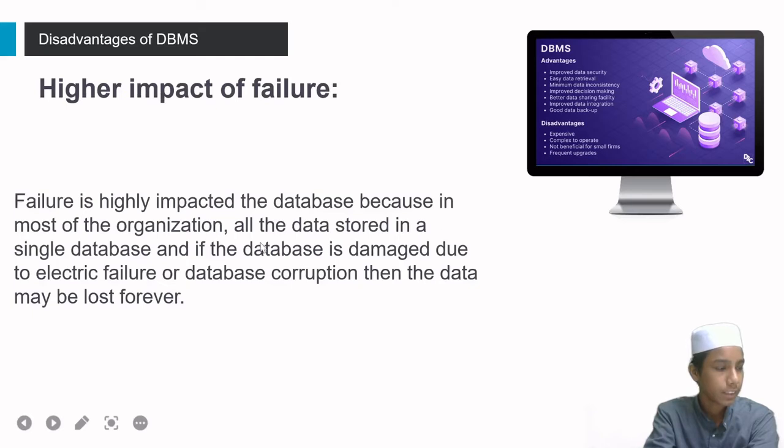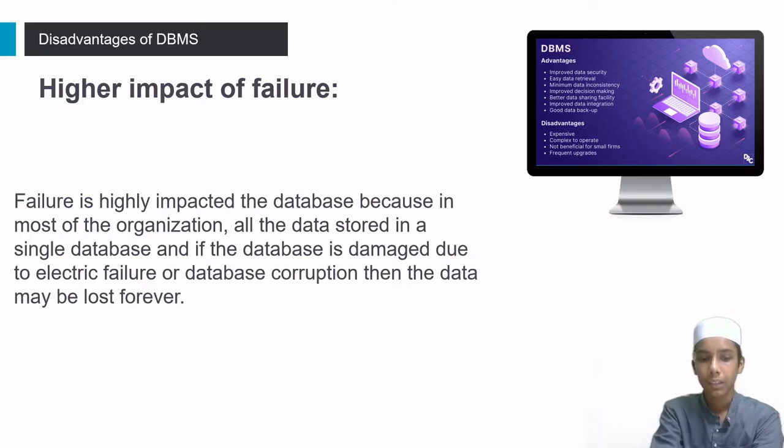And the last one is higher impact of failure. Failure highly impacts the database, because in most organizations all the data is stored in a single database, and if the database is damaged due to electric failure or database corruption, then the data may be lost forever.